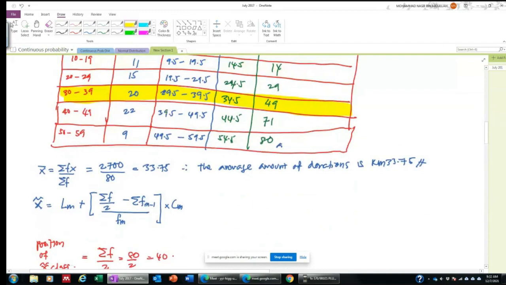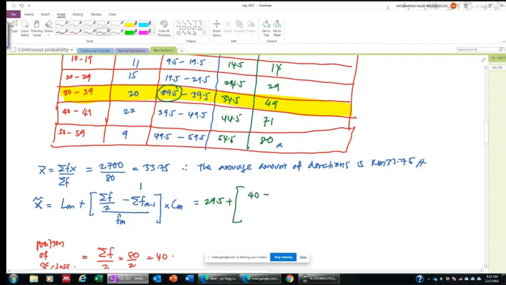So now, since you already know the median class, we can input the values into the formula. So let me use another color. The lower class boundary is 29.5 plus summation of f divided by 2 is equal to 40.